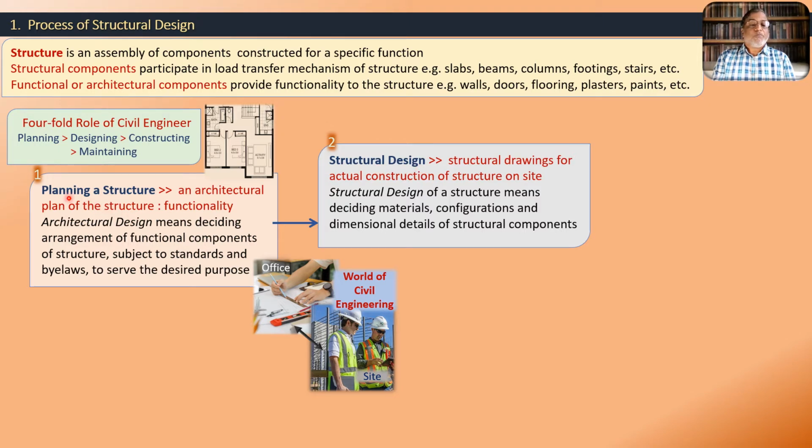Just as the output of planning of a structure was the architectural plan, the output of structural design is finally the structural drawing for actual construction of the structure on site. What is the meaning of the term structural design? Structural design of a structure means deciding materials, configurations and dimensional details of the structural components.